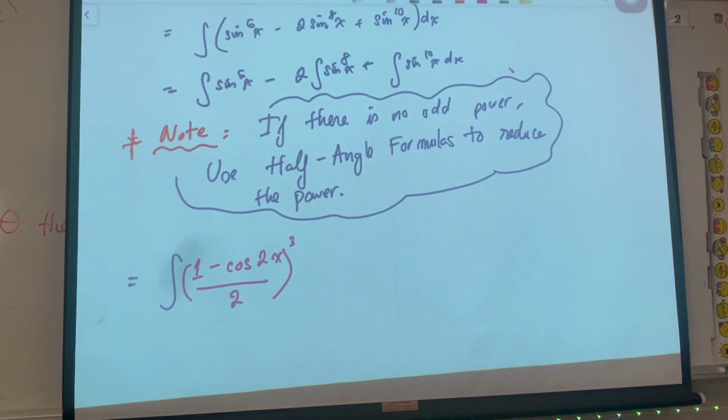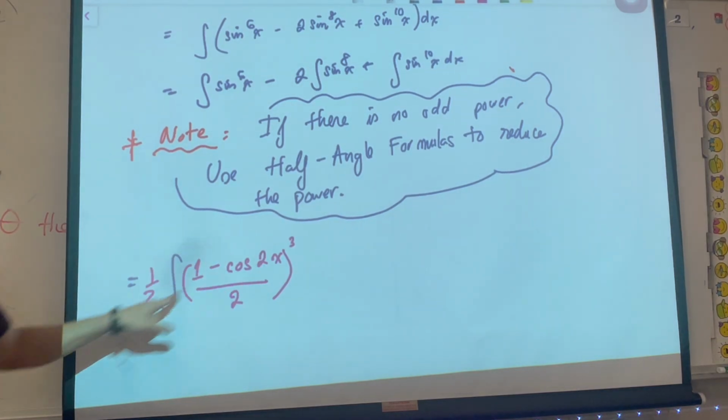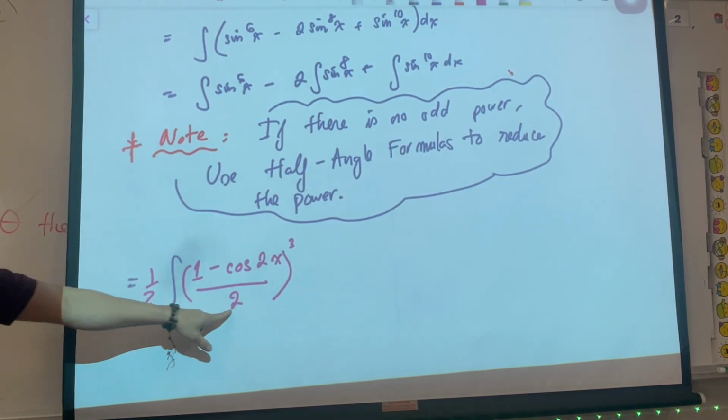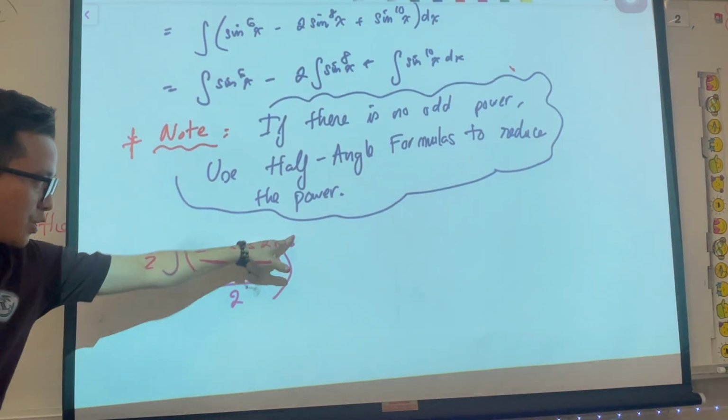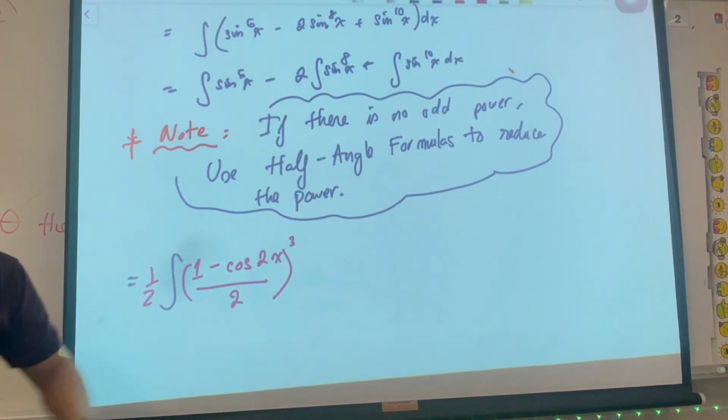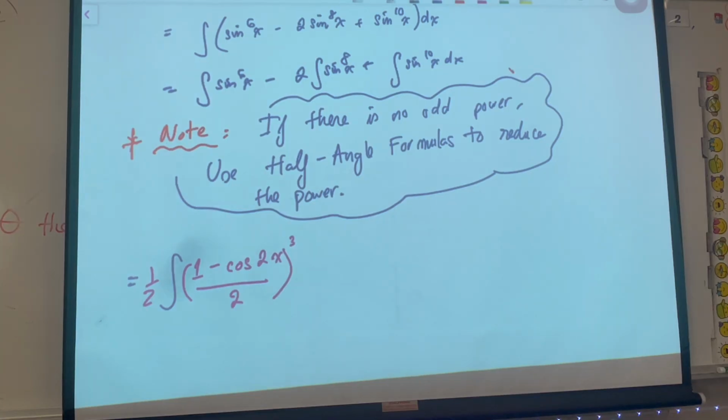Because if you write 1/2 in the front, there's a chance you forget to keep the 2. So I put it in here, so you know the 2 will be affected by the cube. That's why I write it like this. I want to prevent the chance of making a mistake.